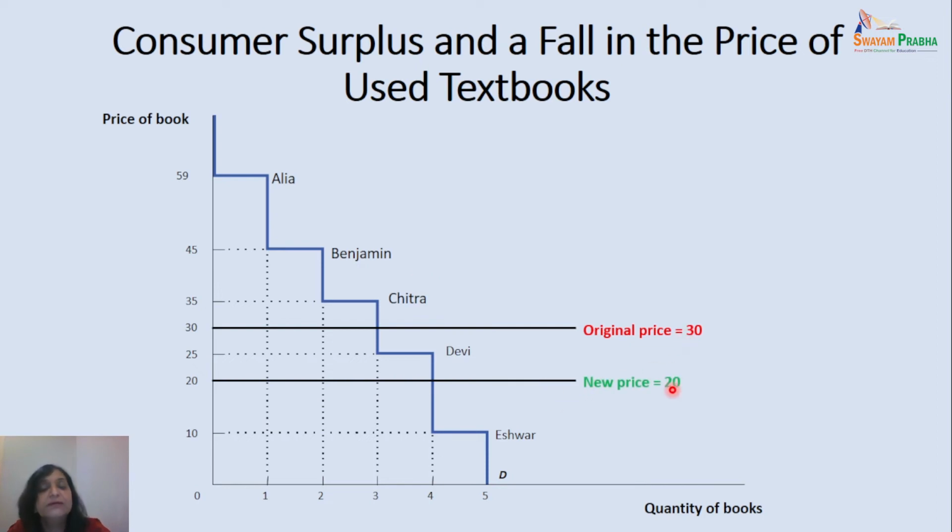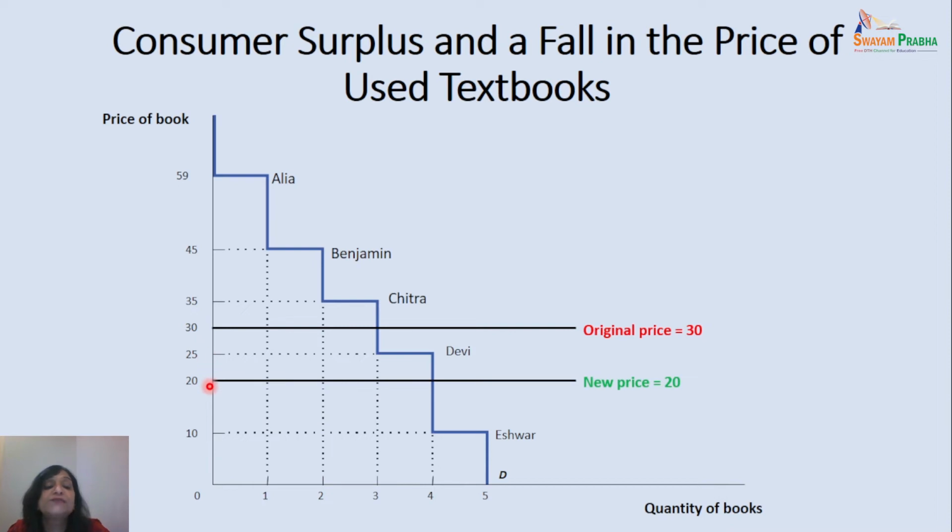From 30 to 20. Just take a moment and think about what has happened now. Earlier, only Alia, Benjamin and Chitra were buying. Now who else is buying extra? Devi can also buy, right? Devi had said that her willingness to pay for the used textbook is 25 rupees.